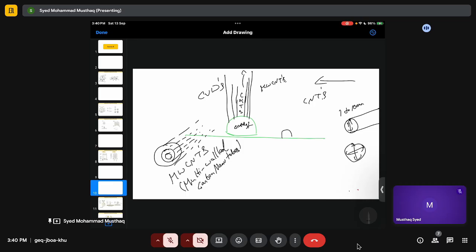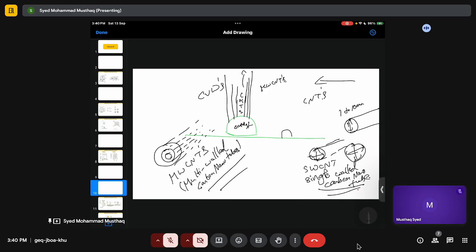These are multi-wall carbon nanotubes, and if you have only a single wall, so this is a single wall carbon nanotube, right? I hope you can differentiate.